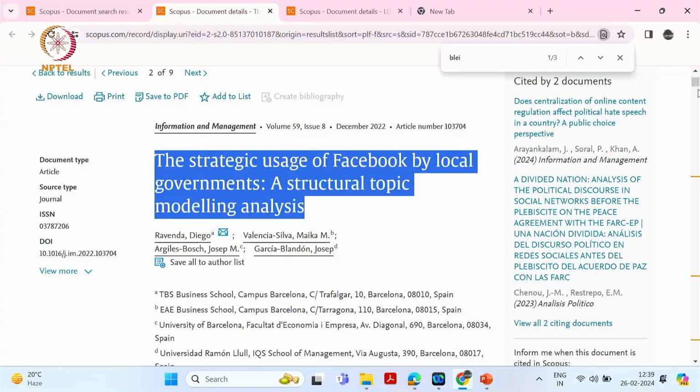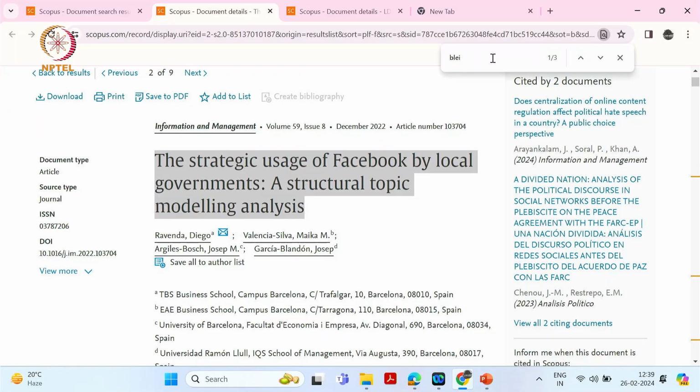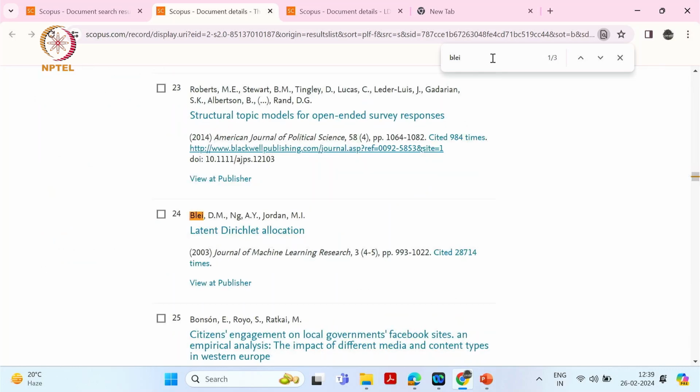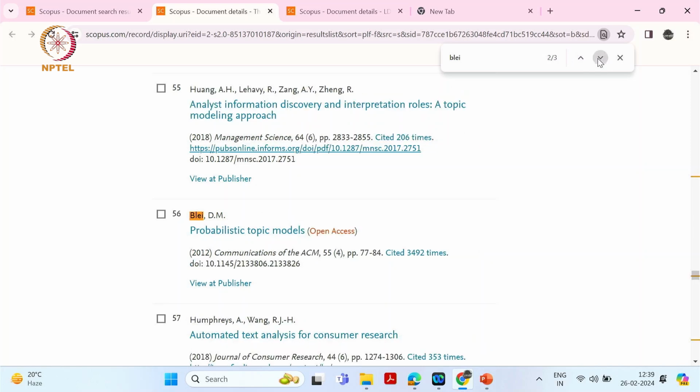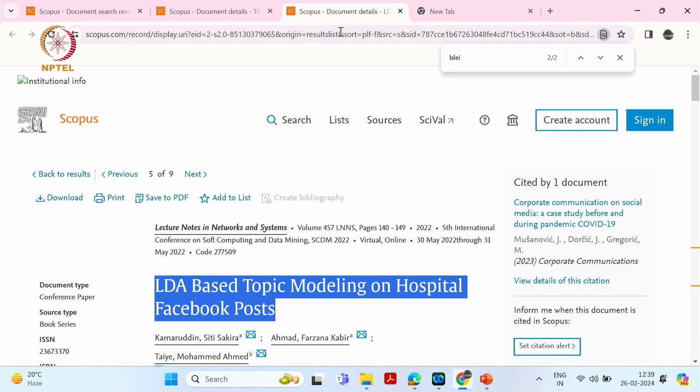Okay. So, now we are doing the co-citation analysis of documents. So, how will it go? Let us see, we are taking these two documents, one is latent Dirichlet allocation and another is probabilistic topic models. Okay.